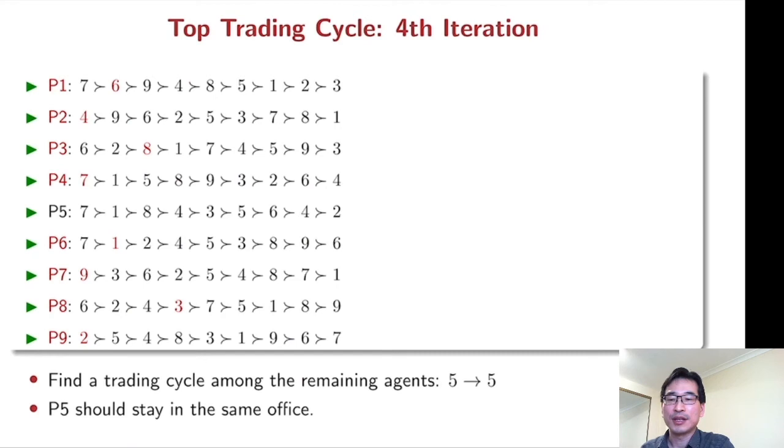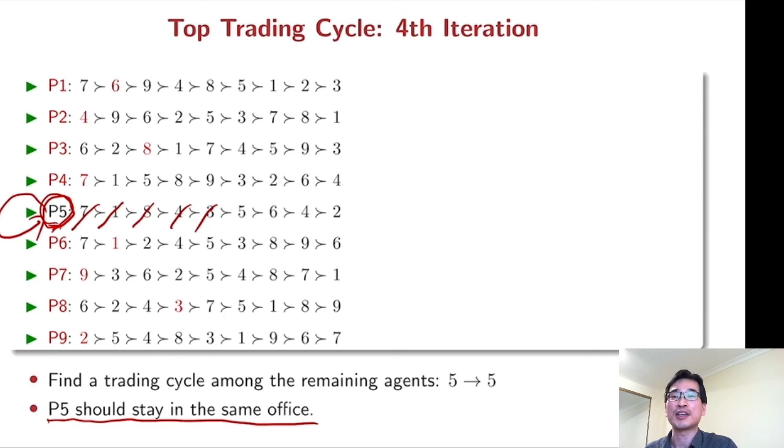All right, and there's only one left. Proposal 5 cannot point to 7, 1, 8, 4, 3 because those are not available. The only available office is his own office, so he points to himself, and it's just a single person cycle. So Proposal 5 should stay in the same office.